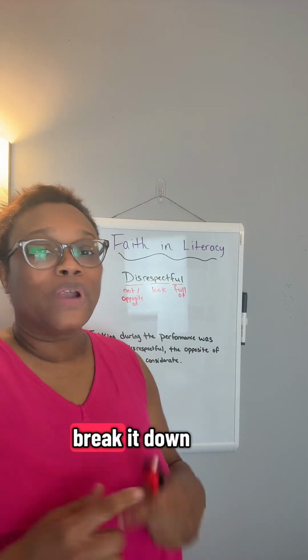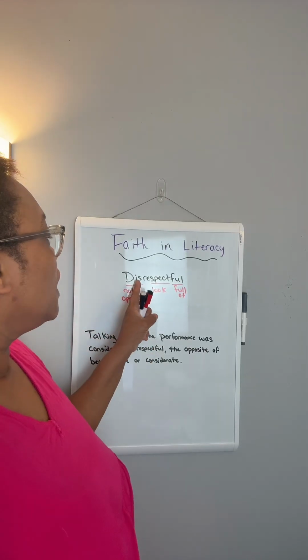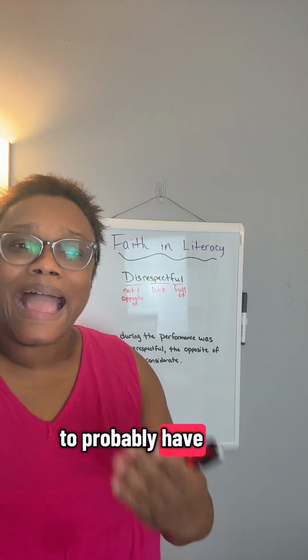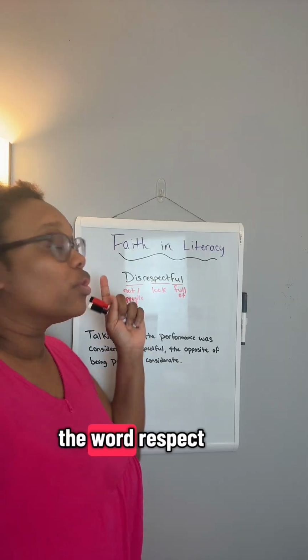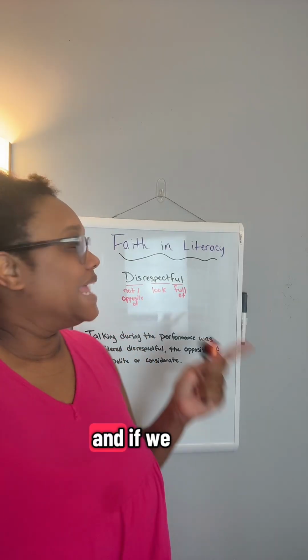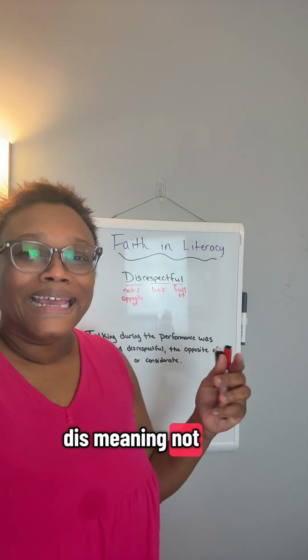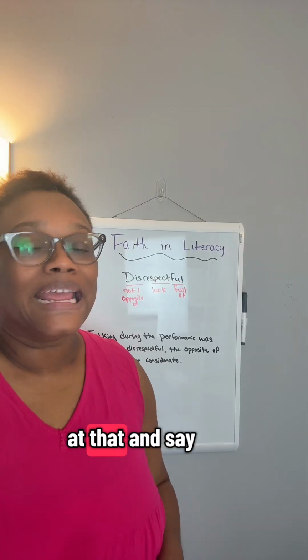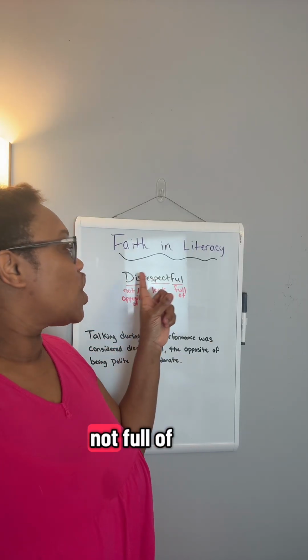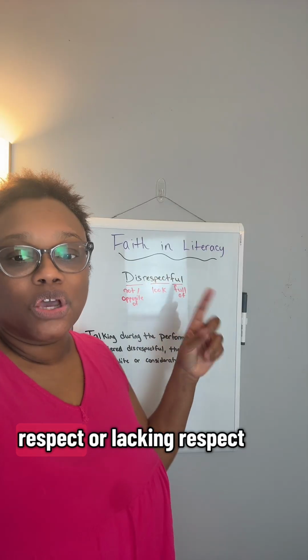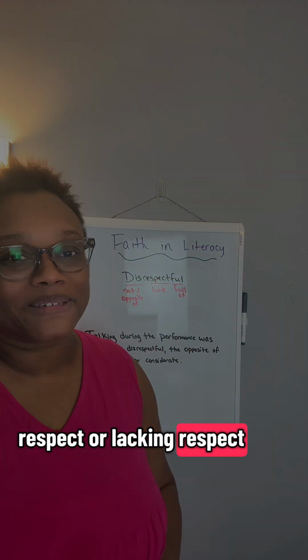We can also break it down in this sense. Kids are going to probably have an understanding of the word respect. And if we add dis in front of that word, dis meaning not, kids can also take a look at that and say not full of respect or lacking respect.